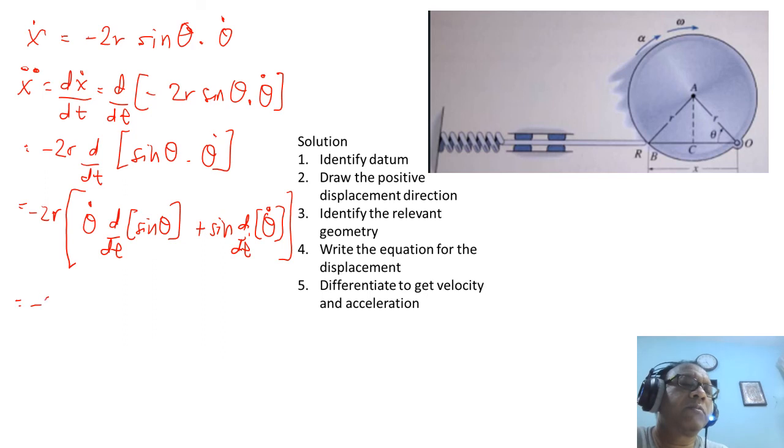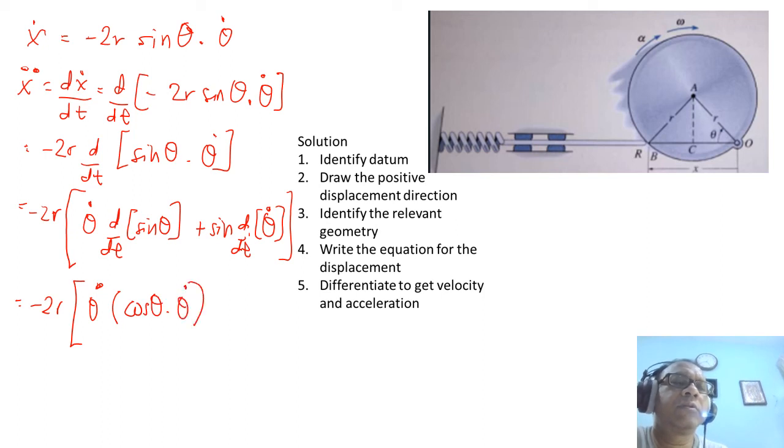So it's again minus 2r, theta dot, and whenever we have sin theta we will have cos theta theta dot, plus sin theta theta double dot.